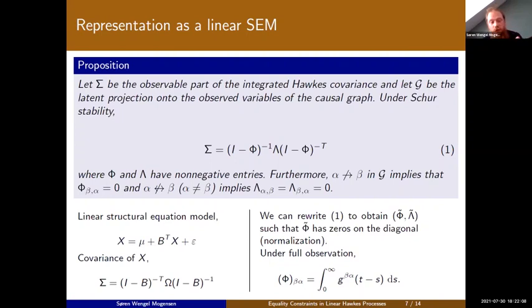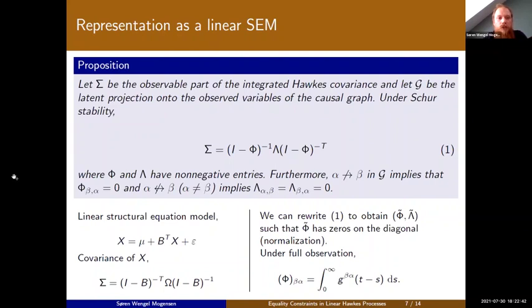In the linear structural equation model, we have a very simple interpretation of the entries of B, and we also have that in the phi matrix, because the beta alpha entry of the phi matrix is essentially this integral. So it's this cumulative measure of influence from alpha to beta. This is easily interpretable.